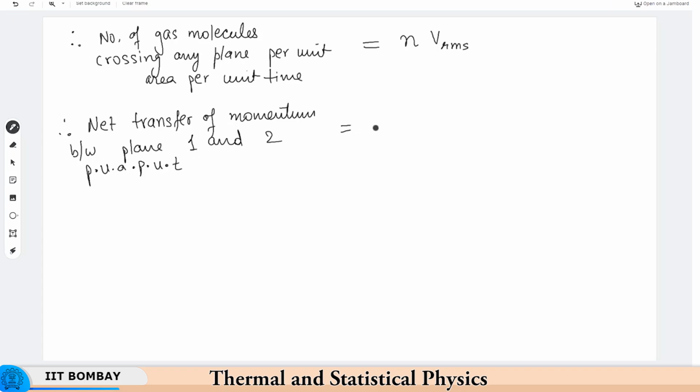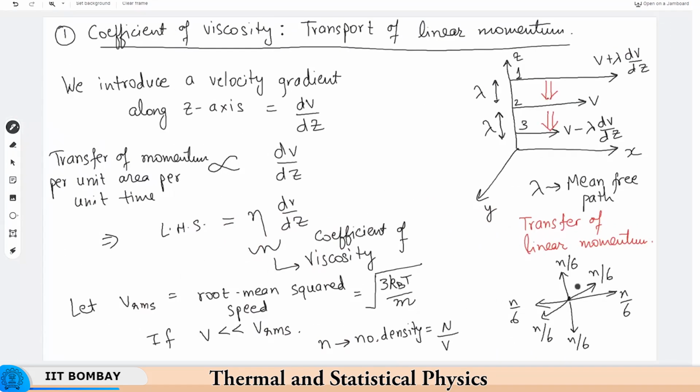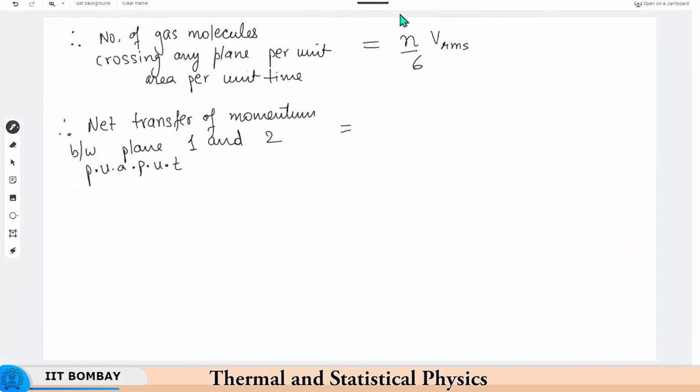So this will be, sorry, n by 6, because I said there are 1/6 of the number of gas molecules moving in any given direction. So that will be n divided by 6 multiplied by the mass of the molecule multiplied by the speed of those molecules, which is V plus dV by dz, sorry.